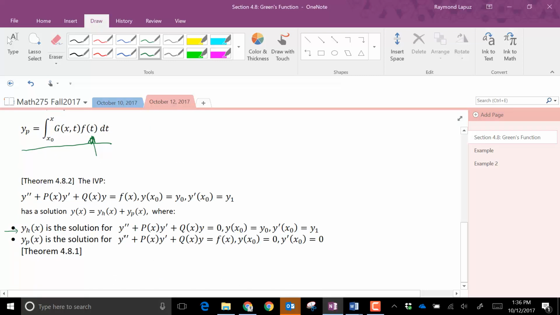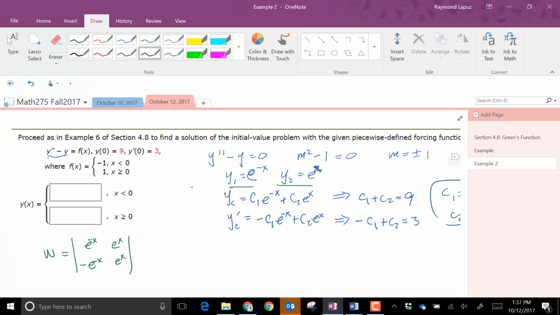Y sub c is going to be a solution to this homogeneous initial value problem, and then y sub p is going to be the solution to this. Notice that it was zeros here, because it didn't really matter what we were plugging it into.